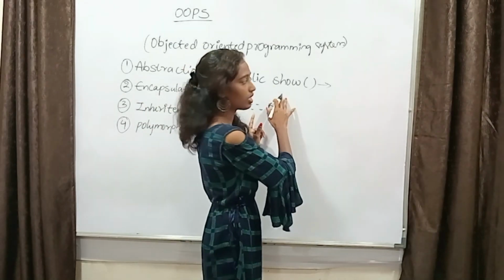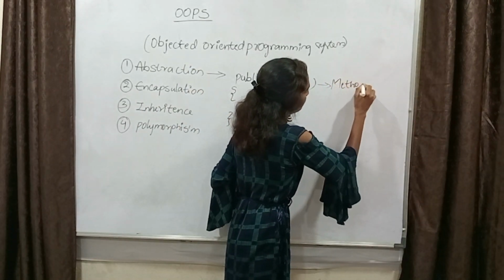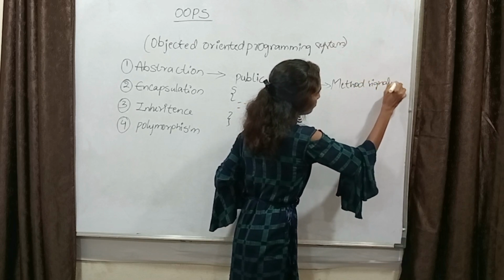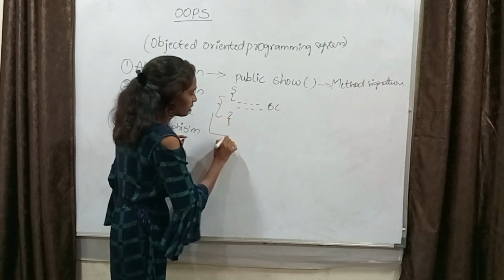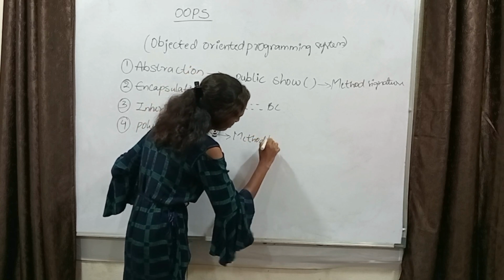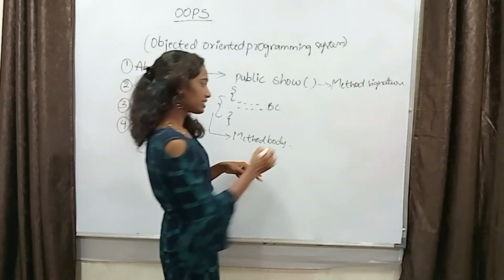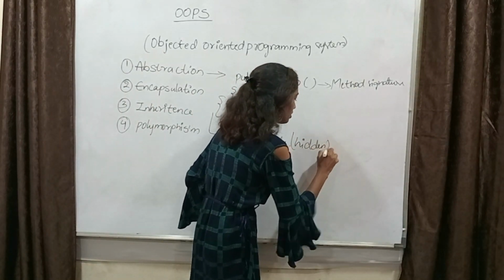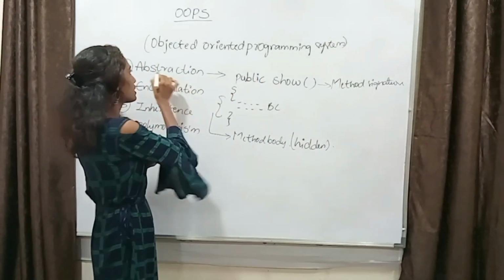We will just show the method signature. This is called method signature. And this is the method body. The method body is hidden here. This is called abstraction.